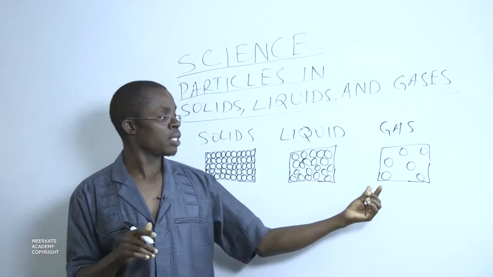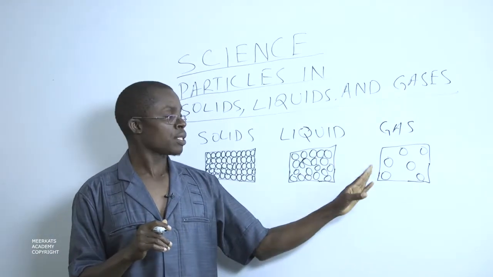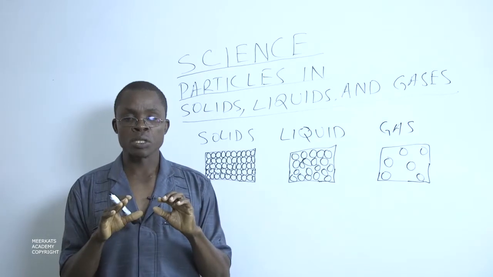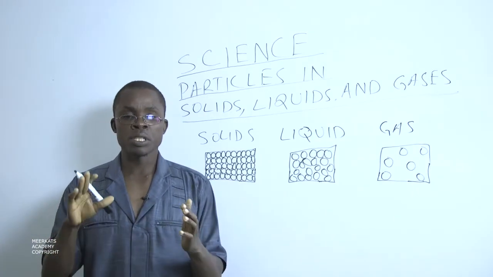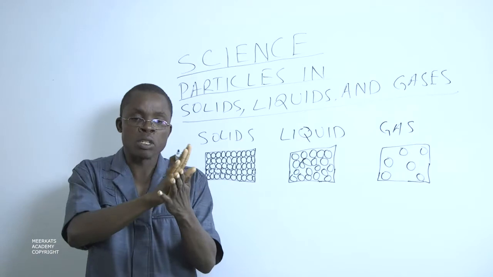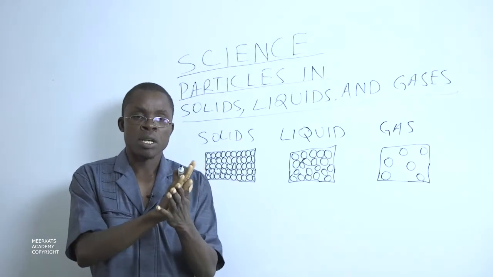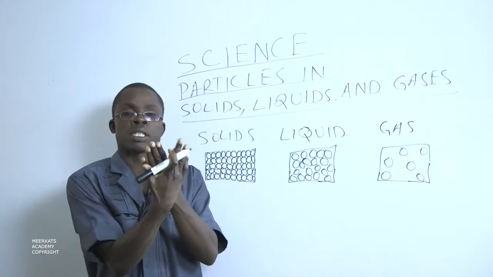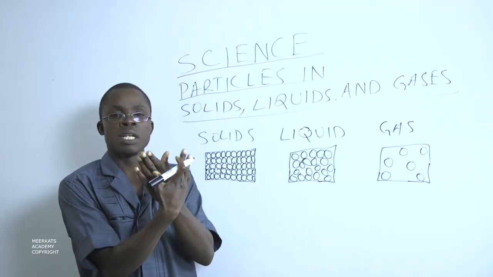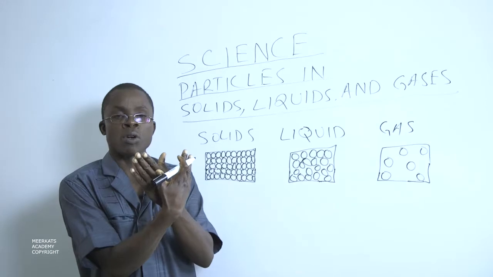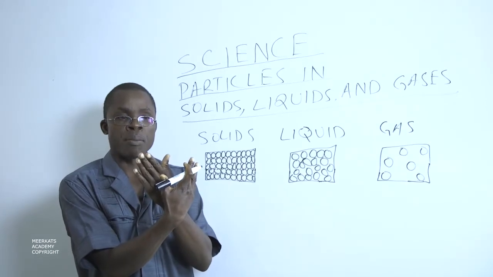The other thing we realize in the gas state is as these gaseous particles move around, they will start hitting on the wall of the container holding the gas. By doing so, it creates a pressure outside the container, what we call gas pressure.